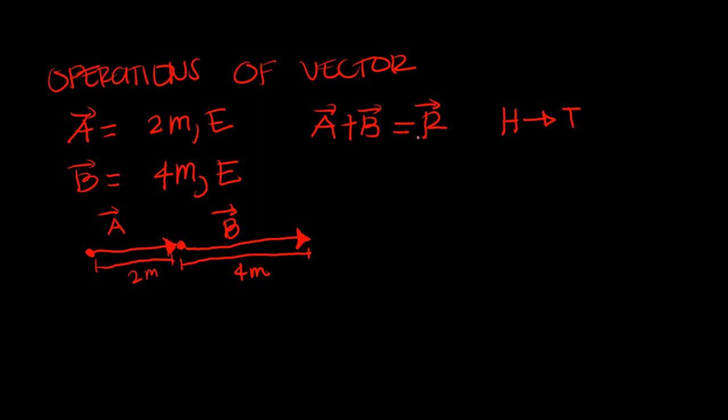So to get the resultant vector R, A is 2 meters going east.